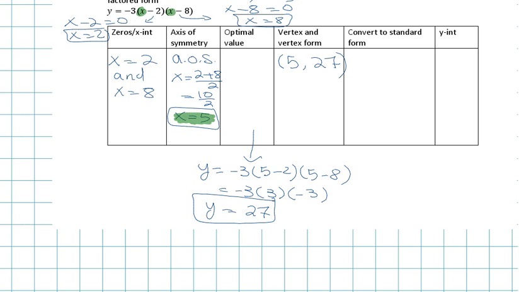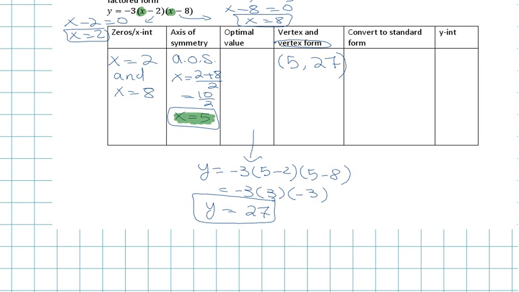So if I want to write it in vertex form, because it's asking me for the vertex form, how would I write it? And why is it negative 3?